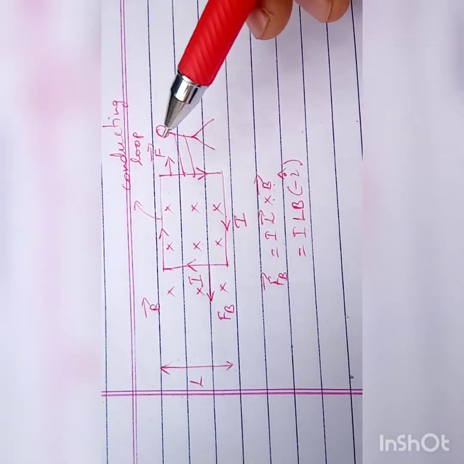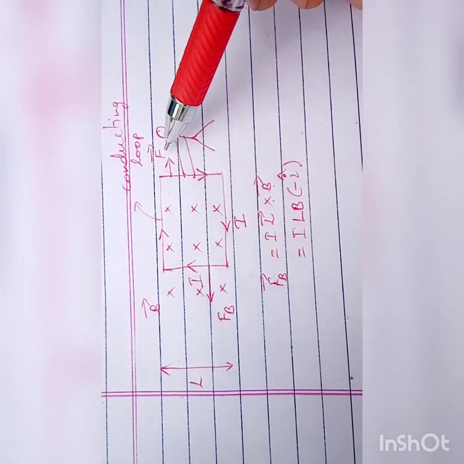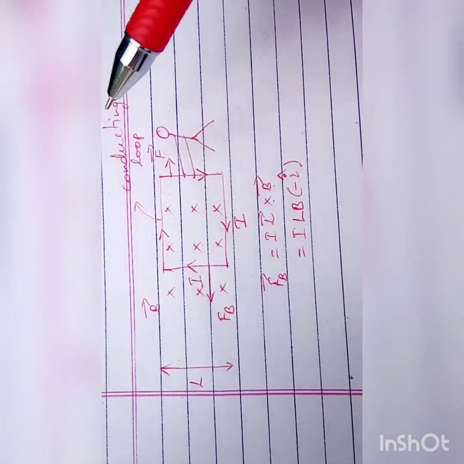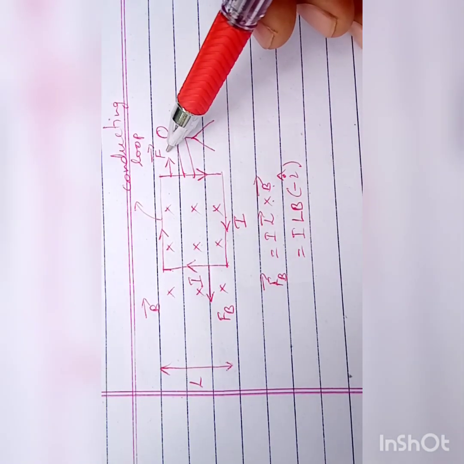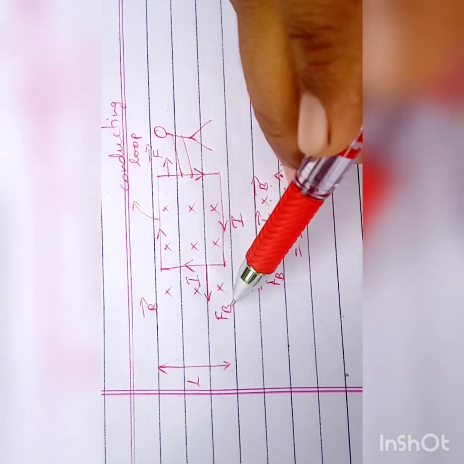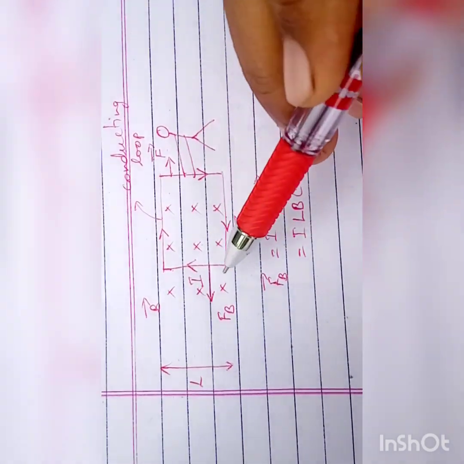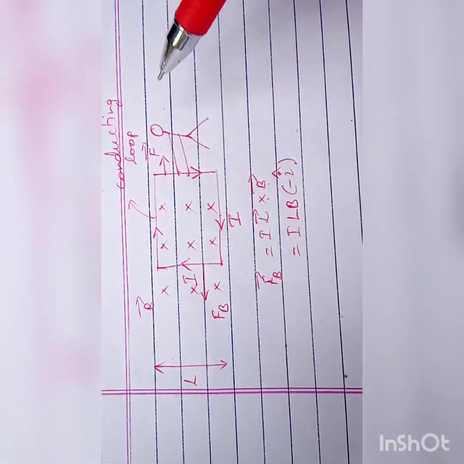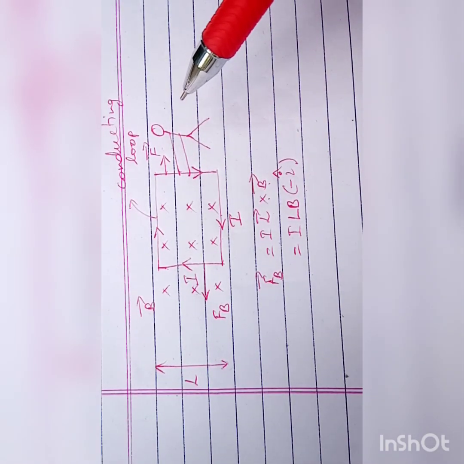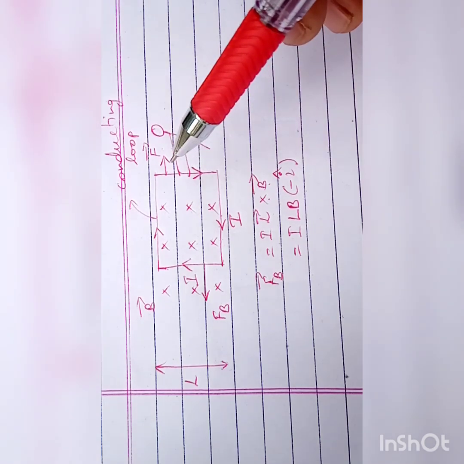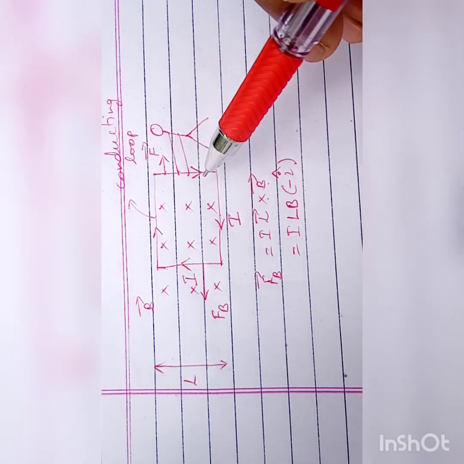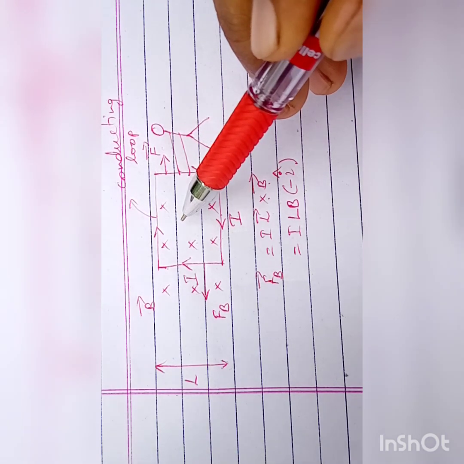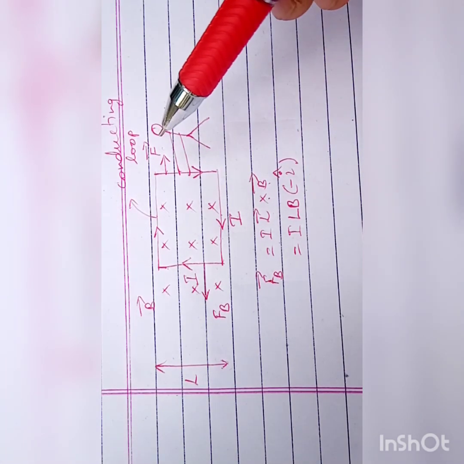Fine. So now there are two forces. One is the external force F and the other one is magnetic force FB. Now initially this force is greater compared to this FB, and hence the loop accelerates in this direction only. So therefore its velocity increases in this direction. As the velocity increases, the rate of change of magnetic flux through this loop also increases.